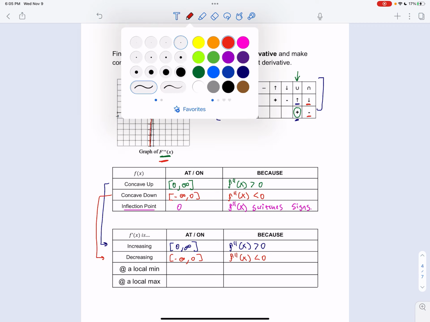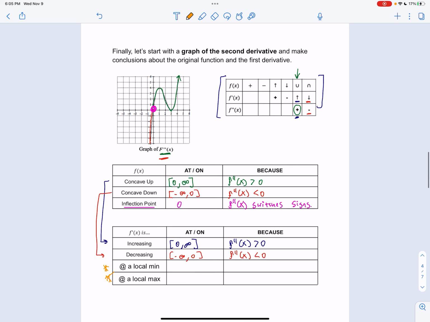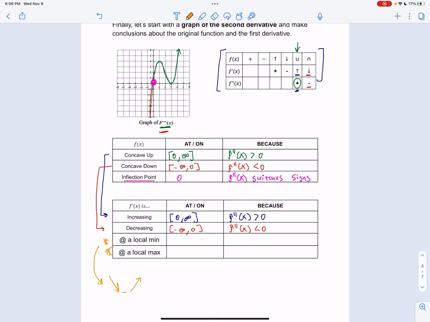Now, finally, the weirdest one here, the one that is a mind bender for a lot of people, is when the first derivative is at a local min or a max. Again, this is some unpictured first derivative, but you have to make the connection that when I say a local min, that means a function that was on its way down and is now on its way up. And so what you're looking for is when the first derivative switches from decreasing to increasing, which means the second derivative switches from negative to positive.